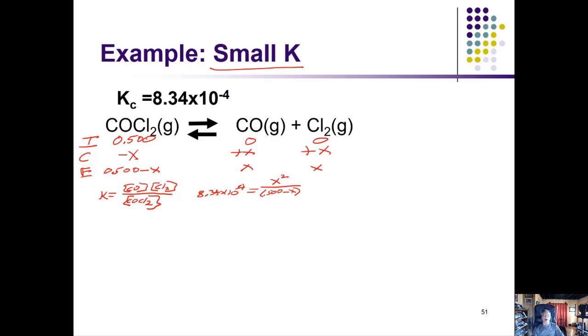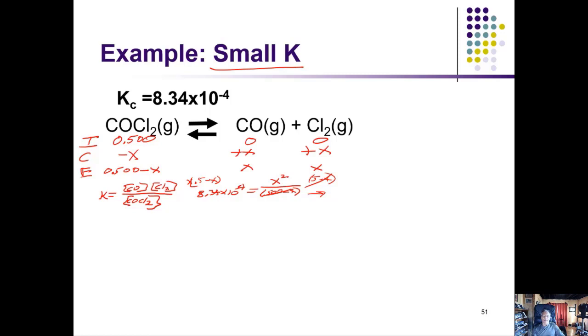So I'm going to multiply both sides by 0.5 minus x. So 0.5 minus x cancels here. I'm also multiplying 0.5 minus x on this side. So let's do that.